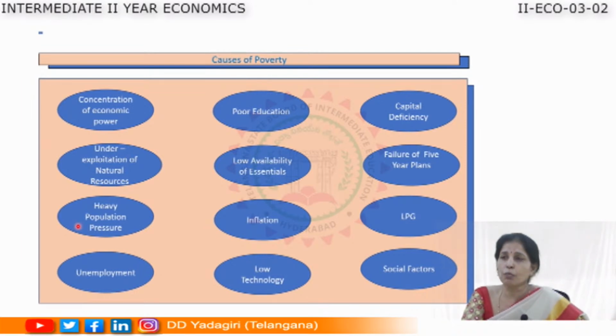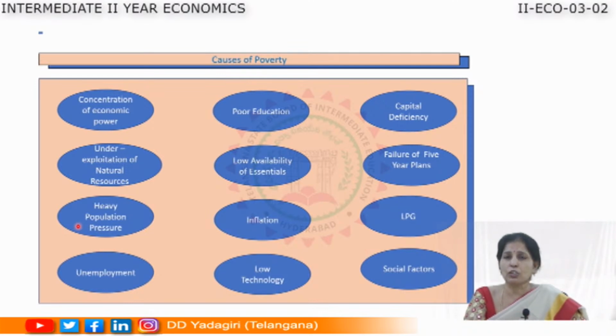The first and foremost one, concentration of economic power. How is this leading to poverty? The wealth of our country is not equally distributed among all the sections of society. The concentration of wealth is in the hands of a few people.